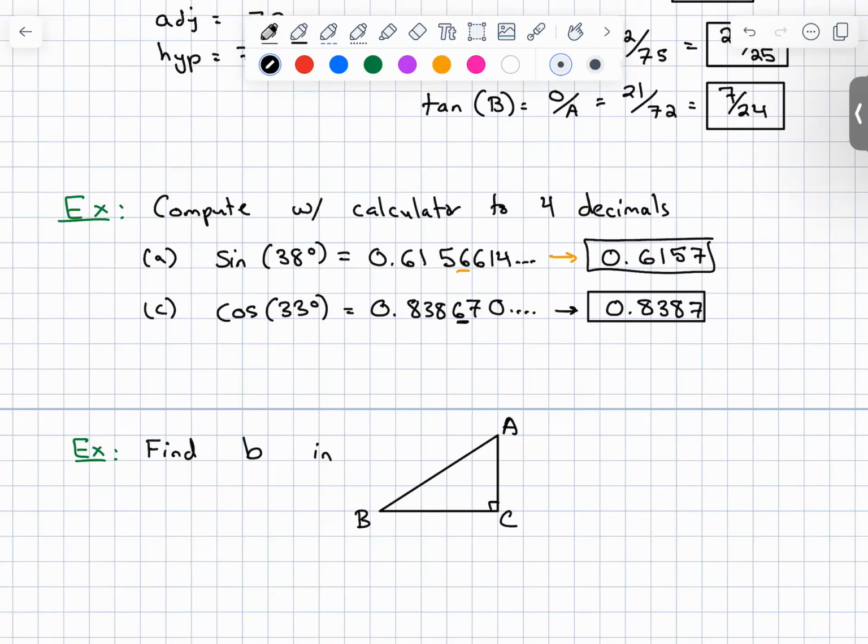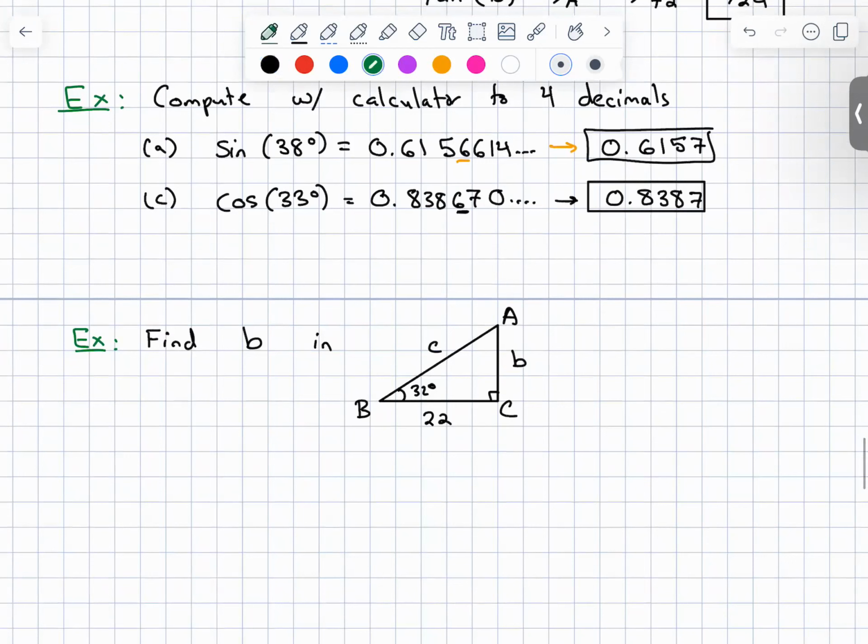And it tells you that B is 32 degrees. And b is the unknown. It tells you 22, and then it tells you C over here. It's only asking us to find b, but we could also find c if we really wanted to. We could actually find it in 2 different ways. So once we find b.